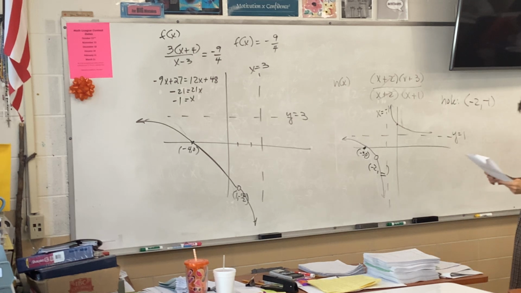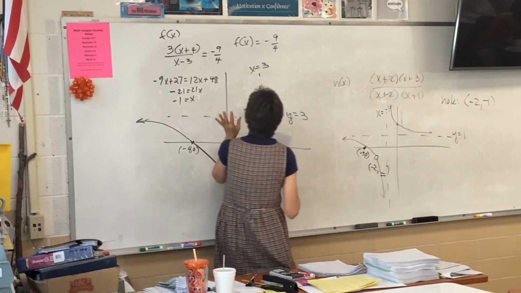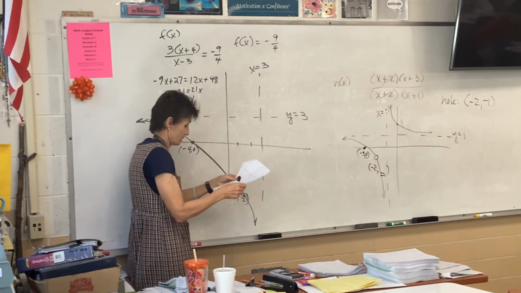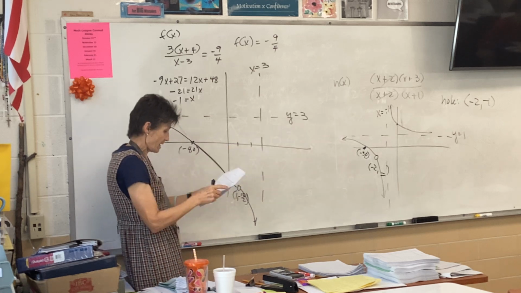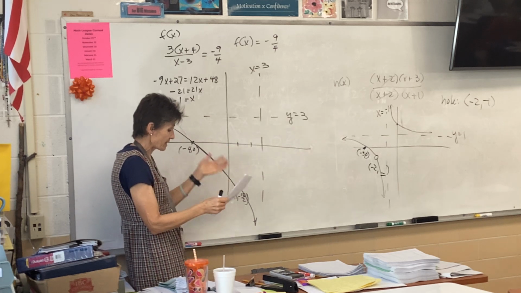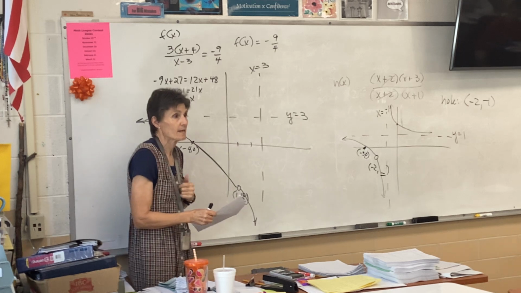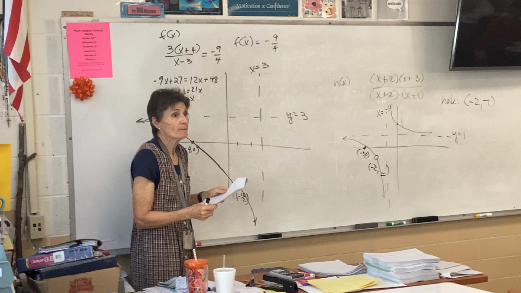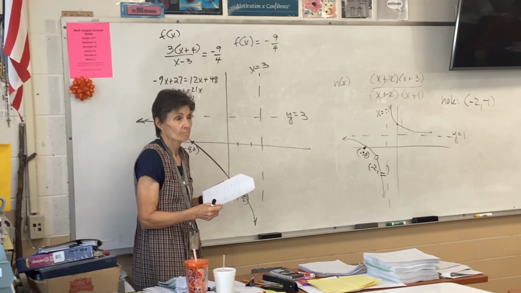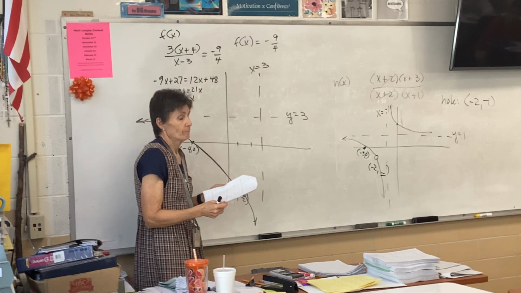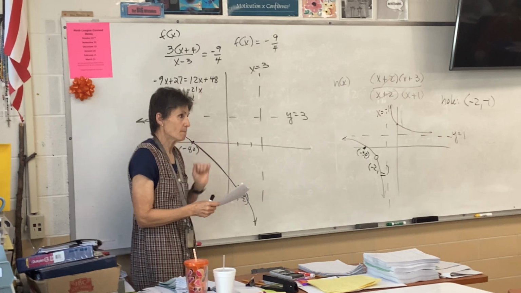And finally, number 6, the domain of F. Okay, this is F. Yeah, so the domain of F is X can't be something. What is the something X can't be? What? 1. I heard 1. Do I hear any others? I was hoping somebody would say 3.